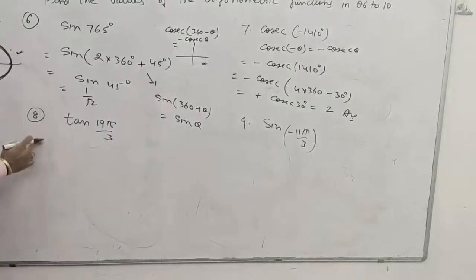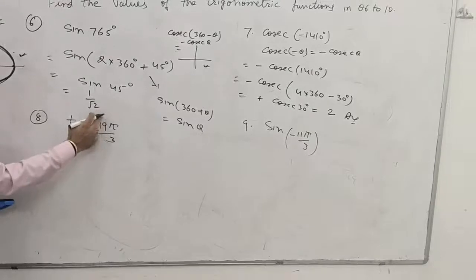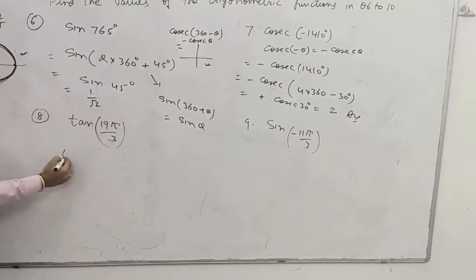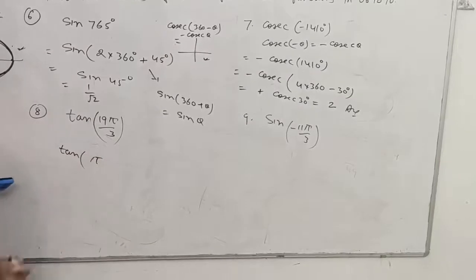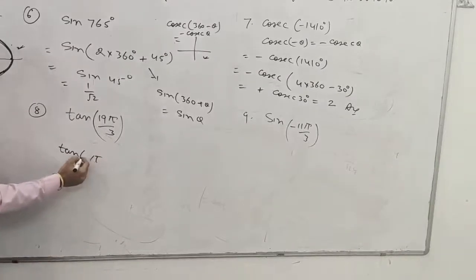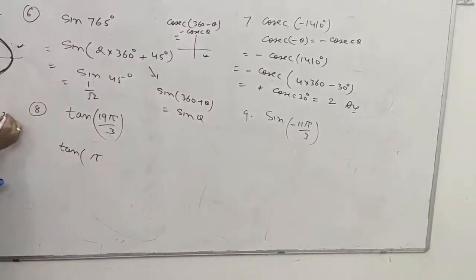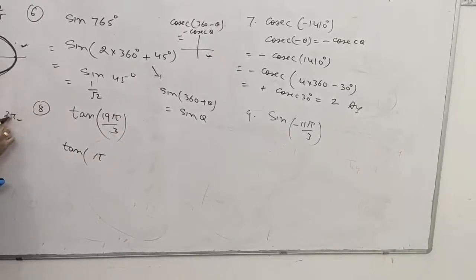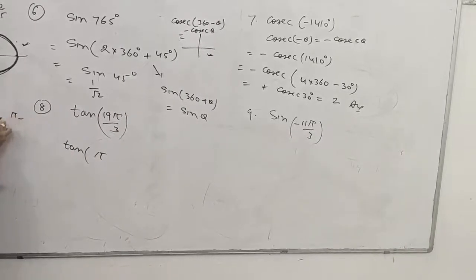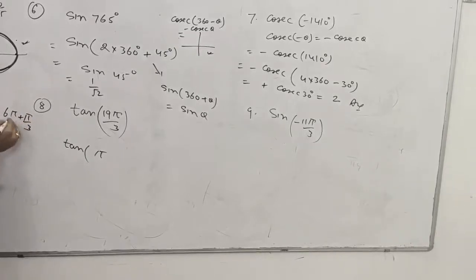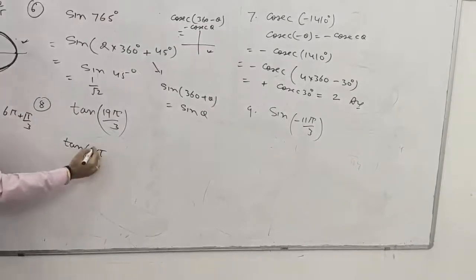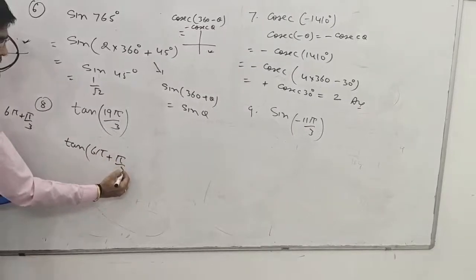Now my 8th number question. Now this is given in radian. Radian form में देगा तो convert this into pi plus. 19 pi by 3. 6 pi plus pi by 3. 6 3 are 18. 18 plus 1 is 19. So we can write this as 6 pi plus pi by 3.